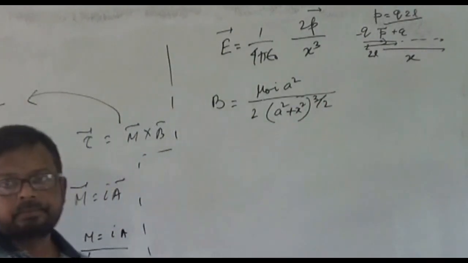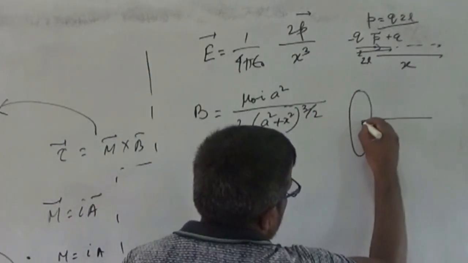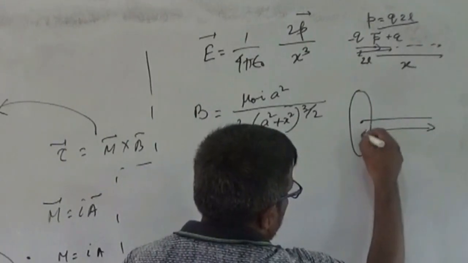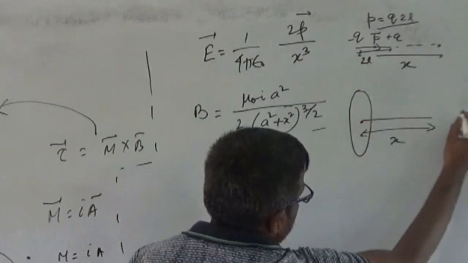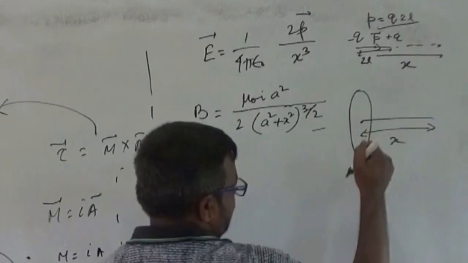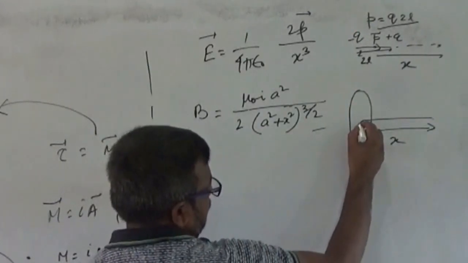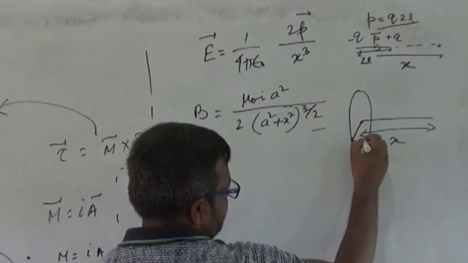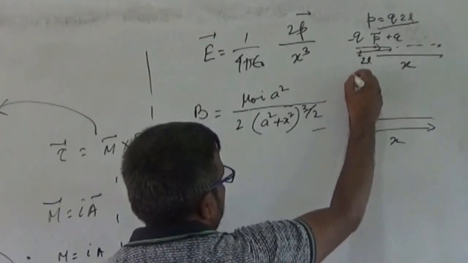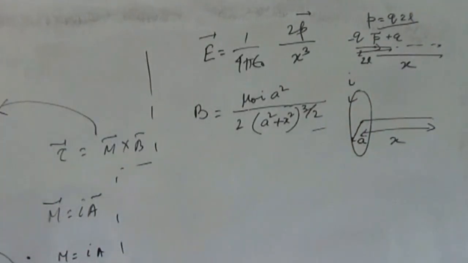Was it? Circular loop, this is the center, then this was the axis, and this is the distance of the field point from the axis.